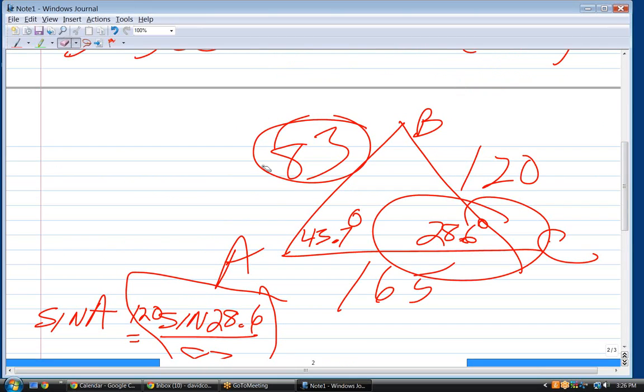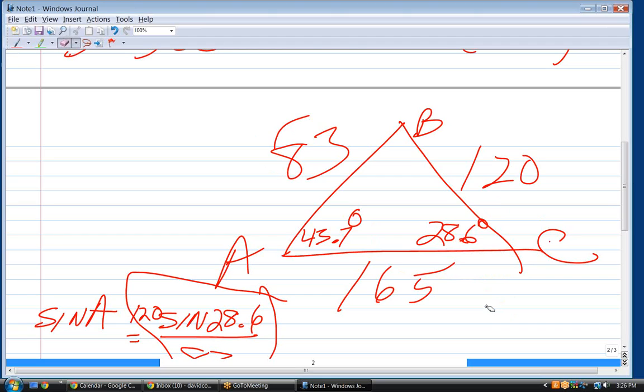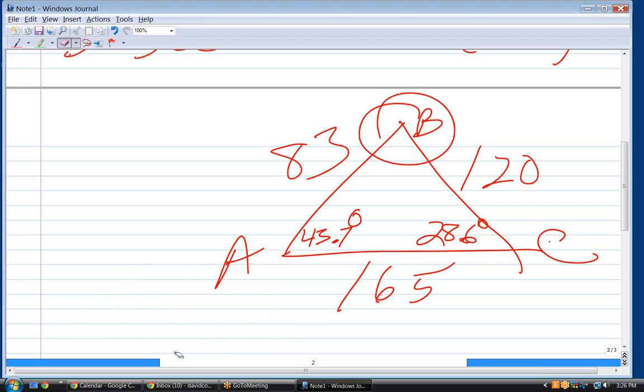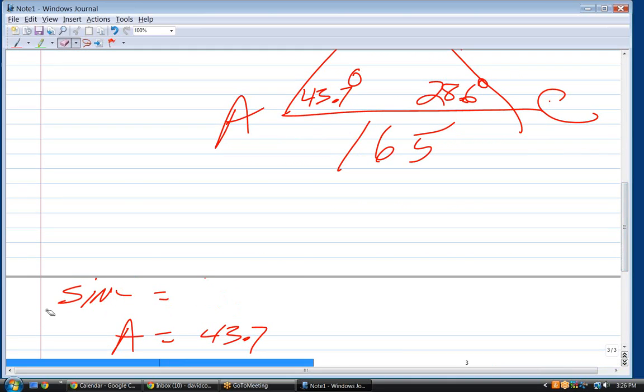Now, we've solved for 5 of the 6 parts of a triangle. We got all 3 sides, we got 2 angles. What's the best way to get this final angle? Add them together. And there's no reason to do it the hard way, using the law of sines to get it.